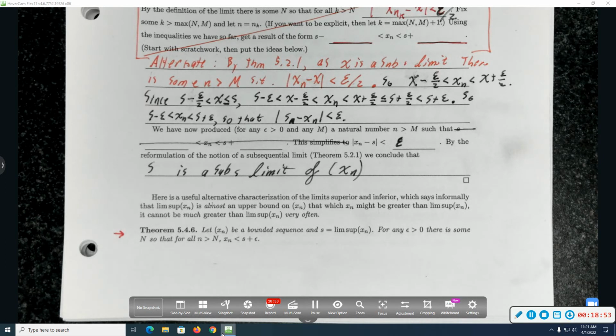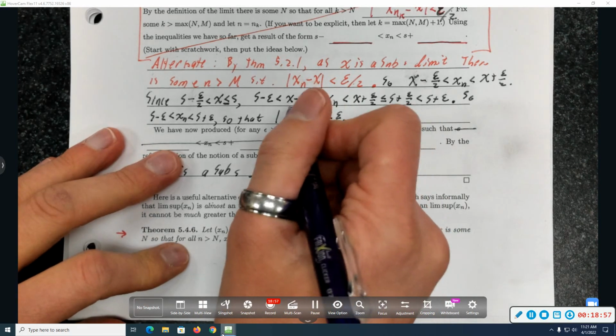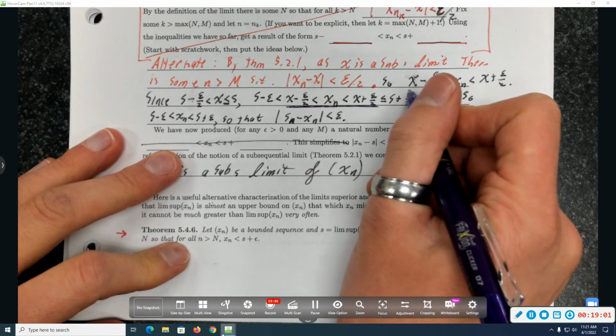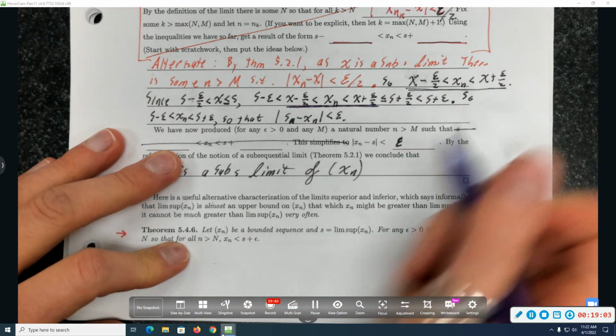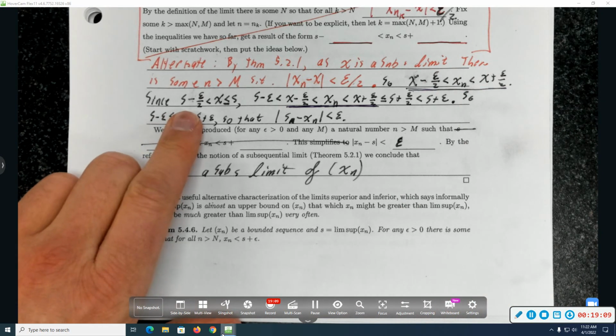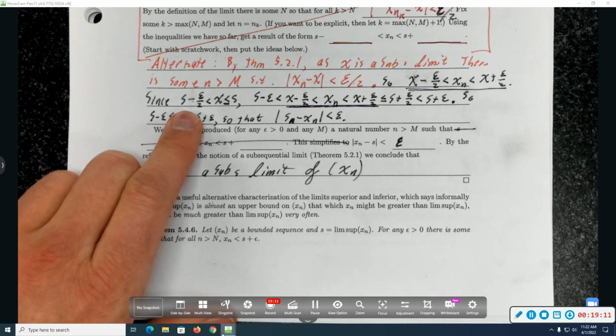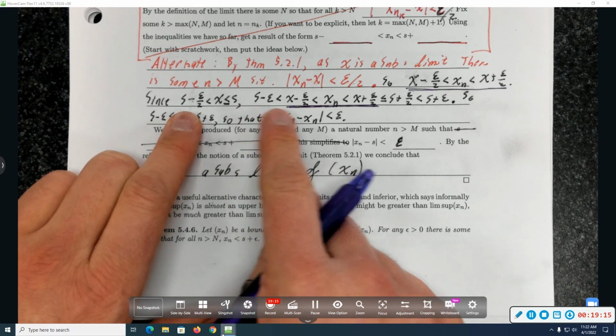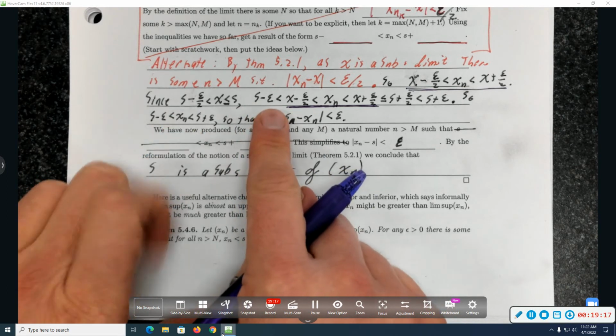So maybe I'll try to color code some things. So this much anyway is exactly that, right? I know that s minus epsilon is less than x. So s minus epsilon over 2 minus epsilon over 2 is less than this.